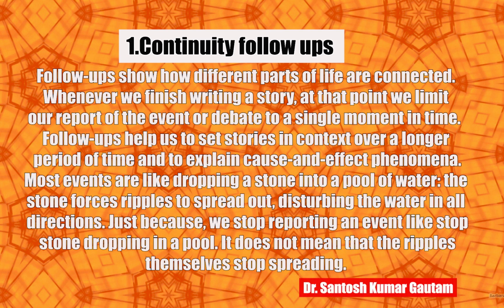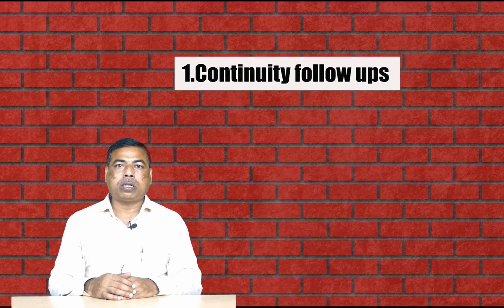Just because we stop reporting an event, like stopping dropping a stone in a pool, it does not mean that the ripples themselves stop spreading. We must watch and report the further progress too, because they are also part of those published news stories.